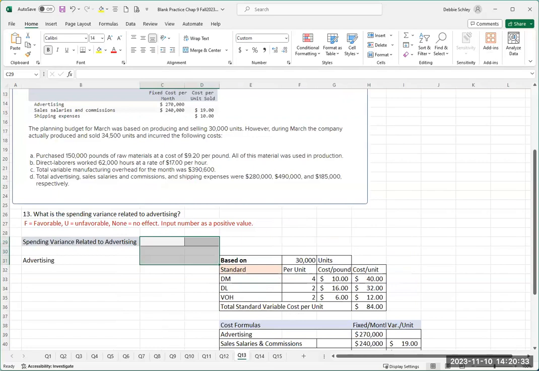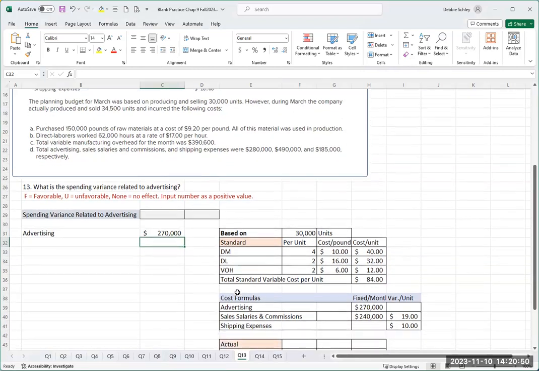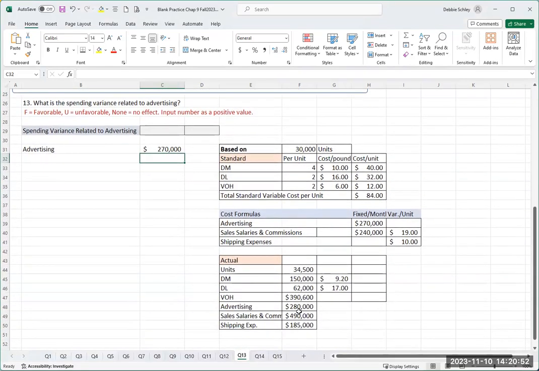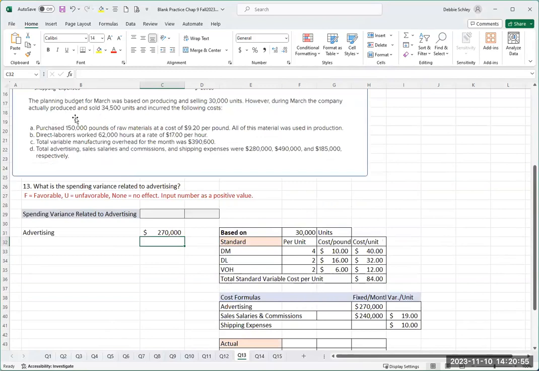Okay, question 13. Spending variance related to advertising. So if you'll recall from before, my advertising is just that fixed portion of 270,000. And they told me I actually spent, right, and they gave me my actual numbers for advertising was this.